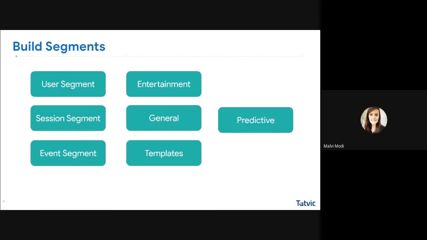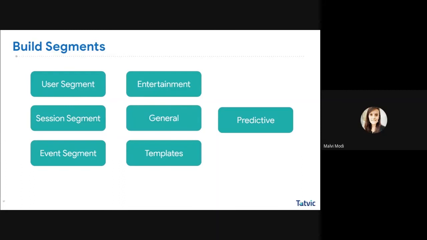Now we can see how we can build the segments. On the screen we have 7 different types of segments. The 3 on the top left are user, session, and event, which we can create custom. Entertainment, general, templates, and predictive are the ones given by Google Analytics 4. I will give an example for the user, session, and event segments. For the user segment, users who have previously purchased, or users who have added items to their shopping carts but didn't complete a purchase.